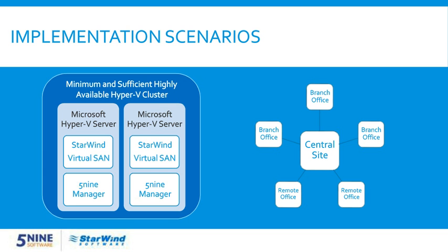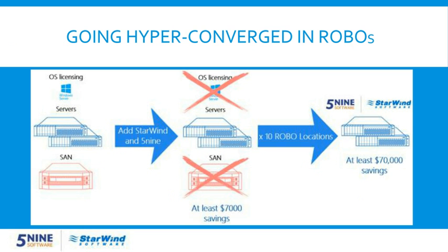We can clearly see what savings are available here. Initially, you need multiple servers, of course, OS licensing for servers and for extra servers, that's important, and for management stations, and a physical SAN to create the environment.